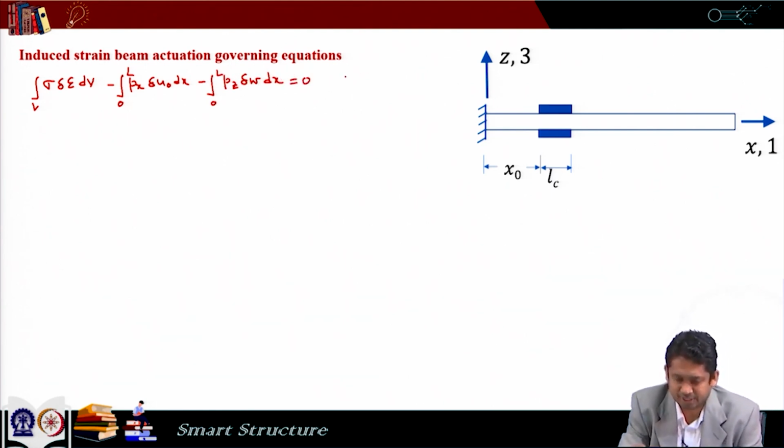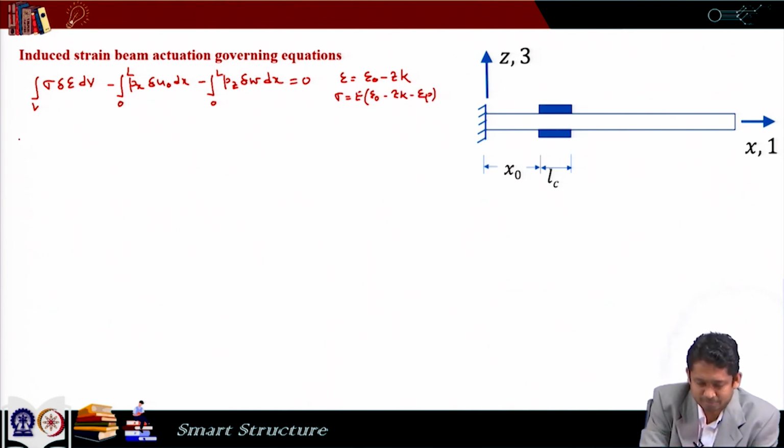Now, we know that epsilon is epsilon 0 minus z kappa, and sigma is E multiplied by epsilon 0 minus z kappa minus epsilon p.